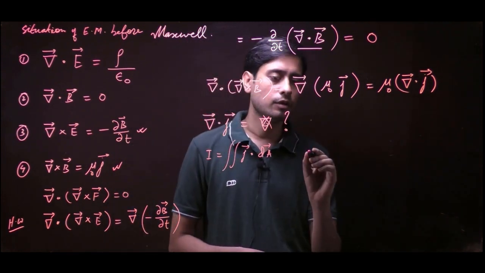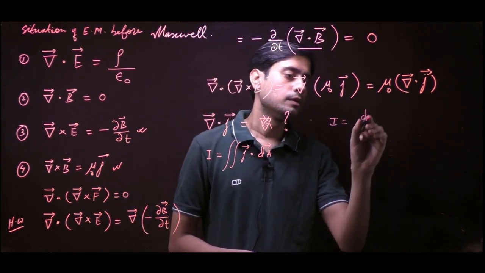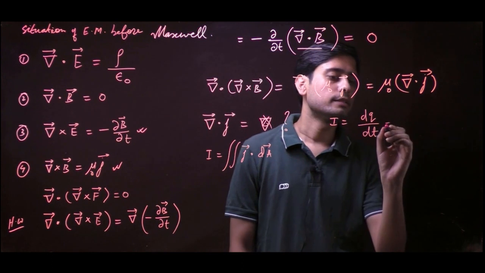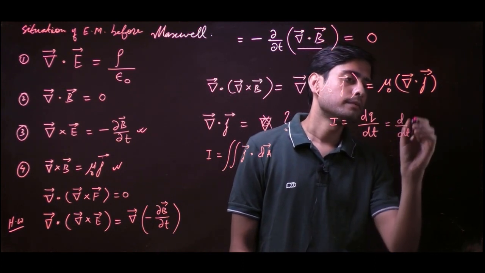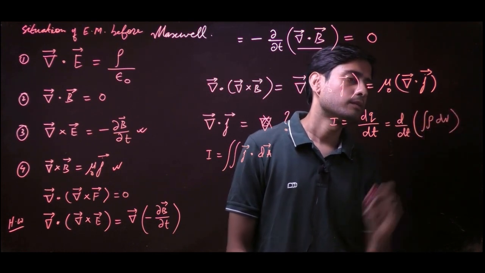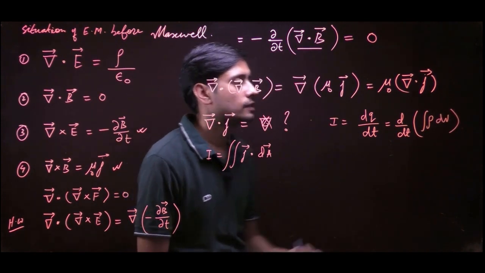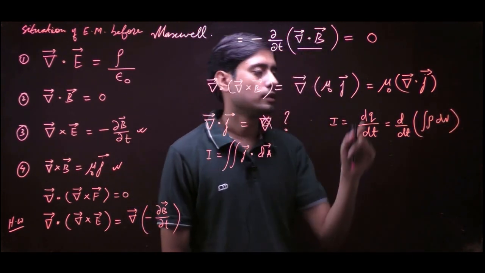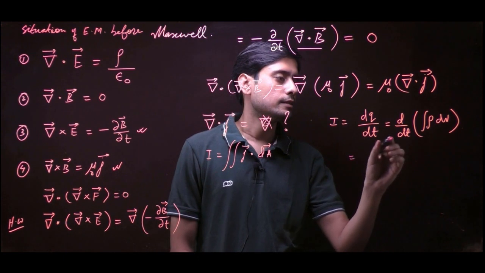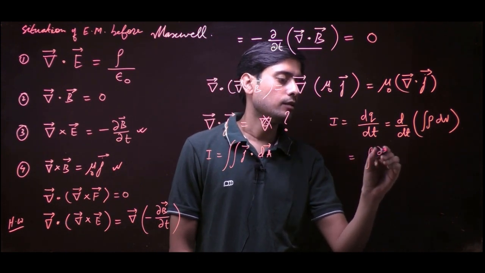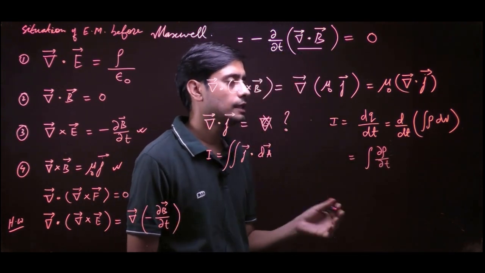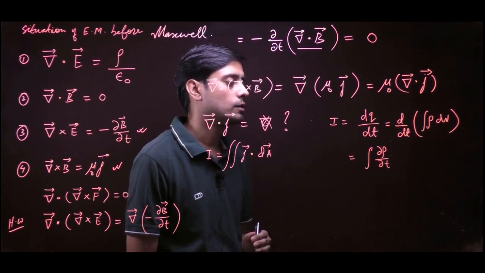Now current is also equal to dq over dt. You can write this q as the integration of rho dV, the charge density integrated over the volume, which gives you the total charge. So you can write it also as the integration of del rho by del t, because charge can change with respect to position and time both.